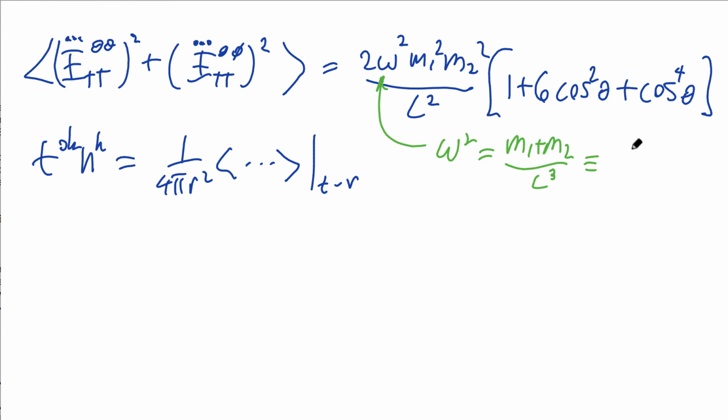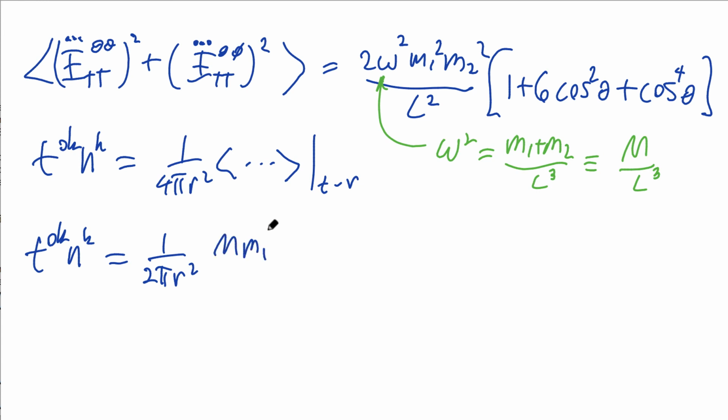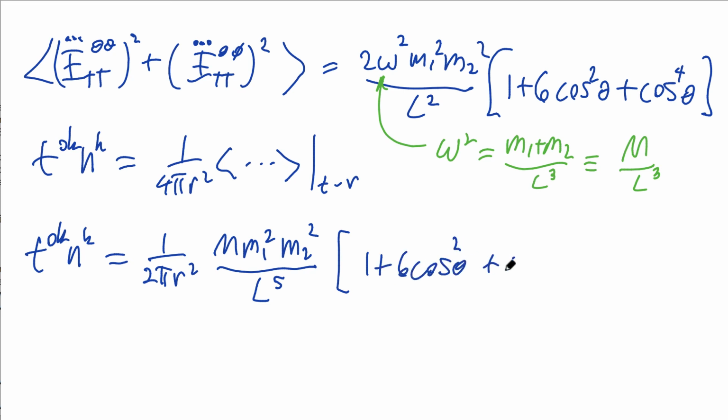And let's denote the total mass as capital M. So our result is T0k nk is equal to 2 over 4, is 1 over 2 pi r squared times, from these factors we have capital M, the total mass, times m1 squared, m2 squared, divided by L to the 5th power, times 1 plus 6 cosine squared theta plus cosine to the 4th theta.